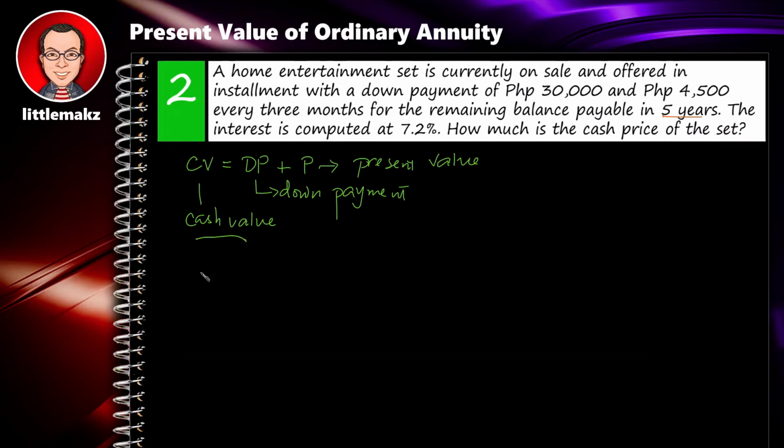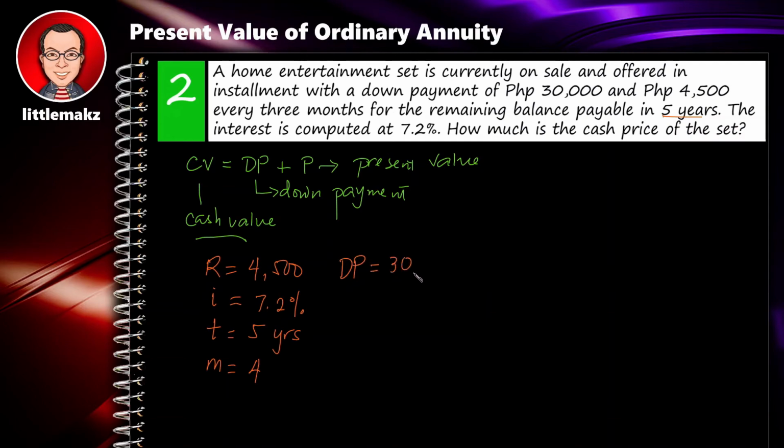By considering our given, your R is equal to 4,500. Your I is equal to 7.2%. The time given is 5 years and M is equal to 4. And so you also have your down payment given.